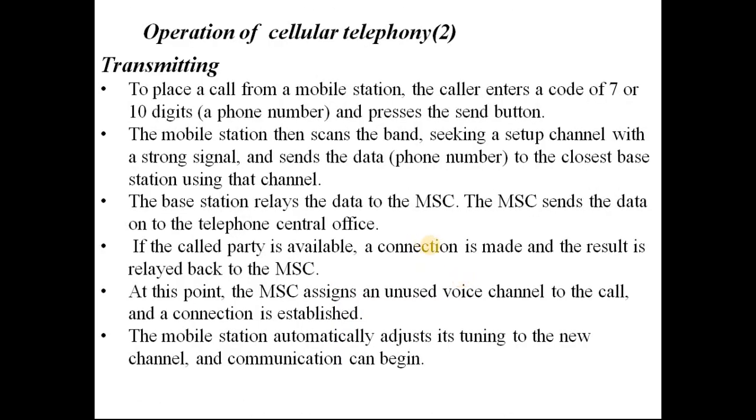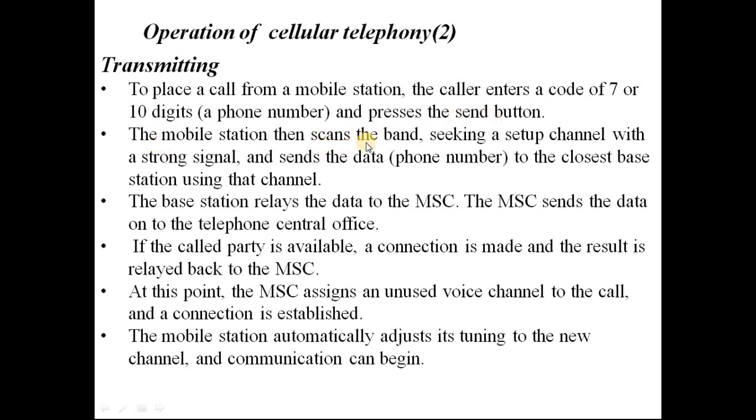So how will a call be transmitted? If you want to dial, how is it going to happen? To place a call from a mobile station, the caller enters a code of 7 or 8 digits, depending on whatever the numbers, and presses the send button. That is obviously the call button.